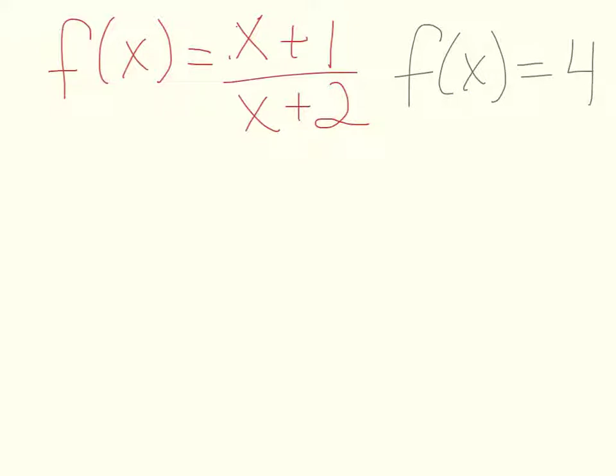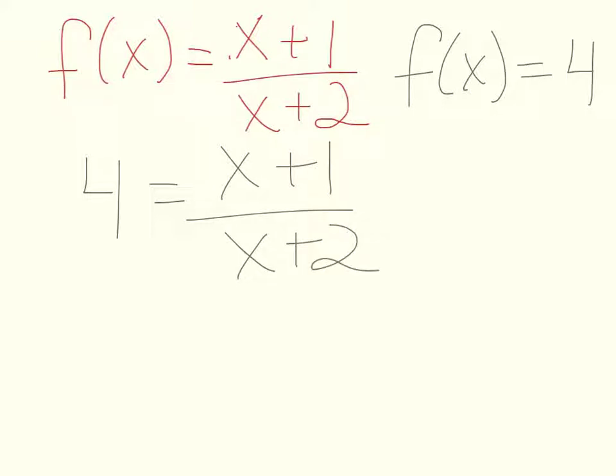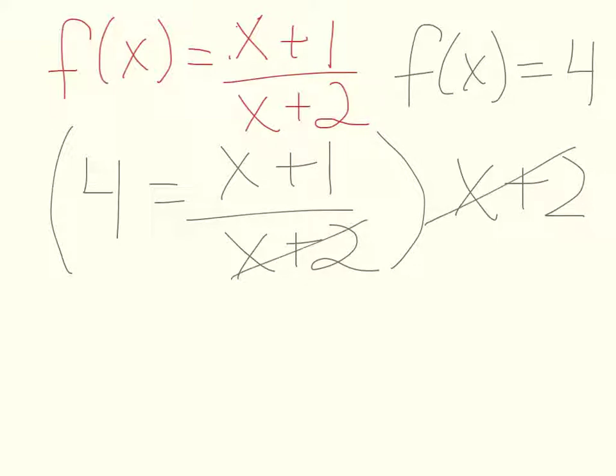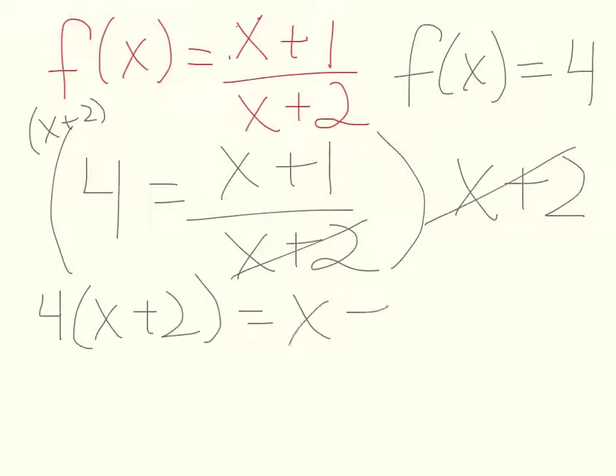So we plug 4 in for f of x. 4 equals x plus 1 over x plus 2. Now, in order to undo this fraction, we multiply both sides by x plus 2. So on this side, it would cancel out, and on this side, it would simply multiply. So 4 times x plus 2 equals x plus 1.